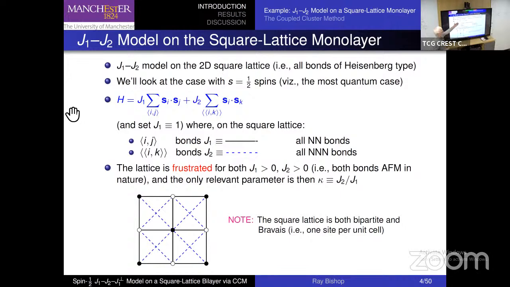But if I have both of them acting together, you can't do that because J1 wants to make the black and the white squares anti-parallel, but J2 wants to make the black squares and the white squares anti-parallel among themselves, and you can't do both at the same time. You're frustrated. That's the meaning of this word.